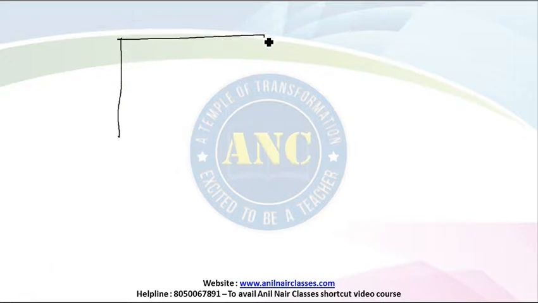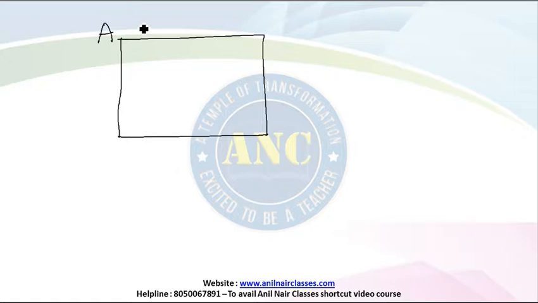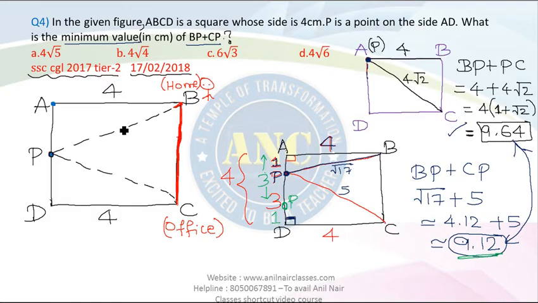So what you can conclude from these is, let me draw the diagram once again for you. The diagram is ABCD. In simple language, when this particular point was at point A, the value was 9.64, but they are asking minimum. When it is at this point where AP and PD is 1:3, the value was 9.12.